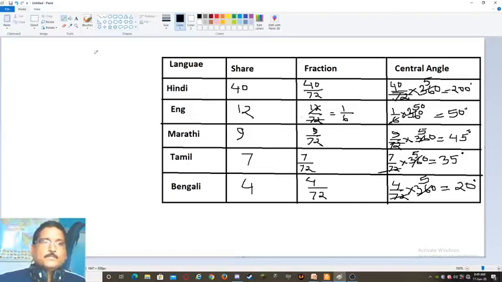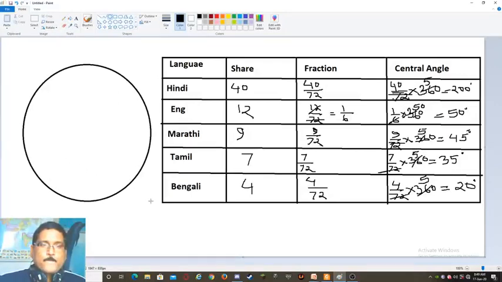Clear? Now what will I draw? I will draw a circle. Denote its center. Suppose here, draw a radius. Okay. Now using a protractor, first you draw the 50 degree. Don't draw 200. Suppose up to this much is 50 degree as per my construction.